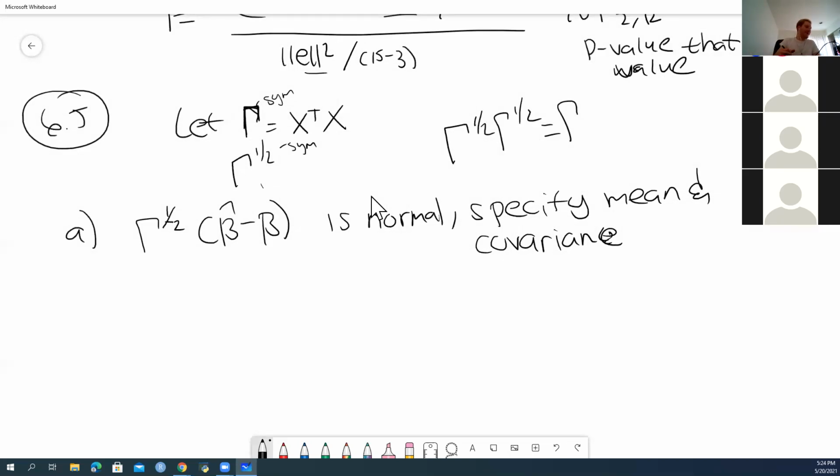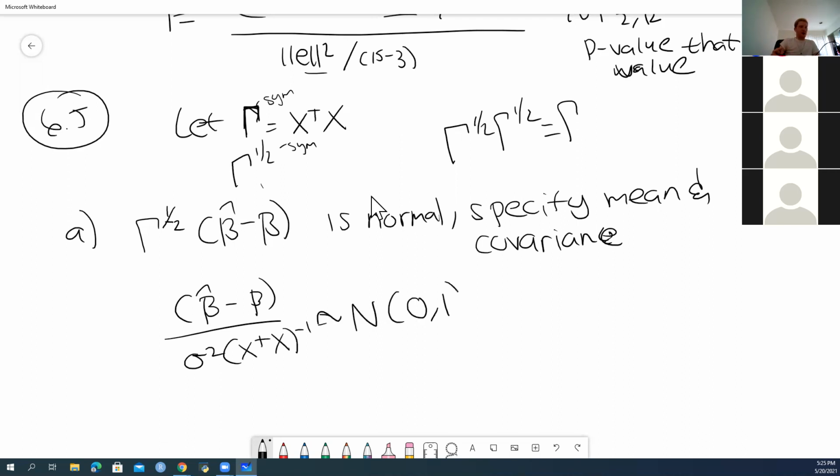Remember the t-statistic: it's distributed as normal 0, 1. The t-stat is when you replace sigma with s, but this is something you can prove earlier.